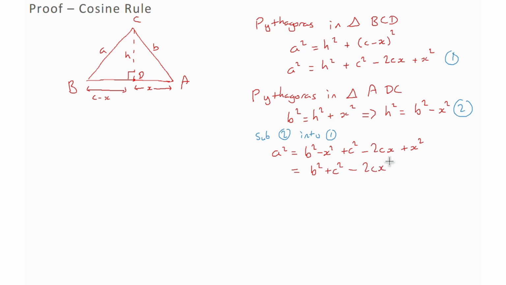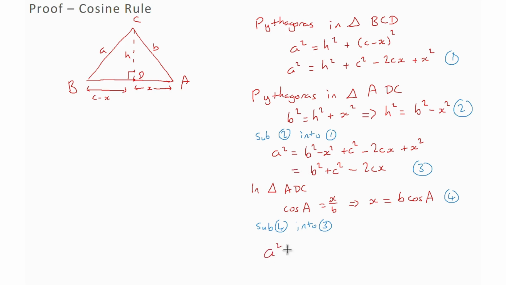But now I'm going to work out what X is. X in triangle ADC. We can see that cos of this angle is equal to X over B, which means that X is equal to B cos A. And if I call this one 3 and this one 4, I'm now going to sub 4 into 3.